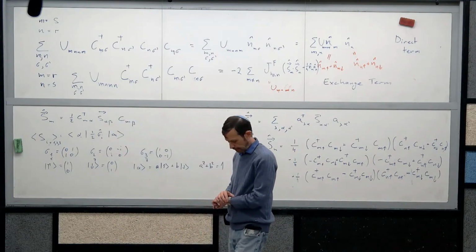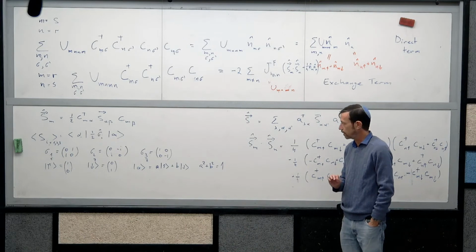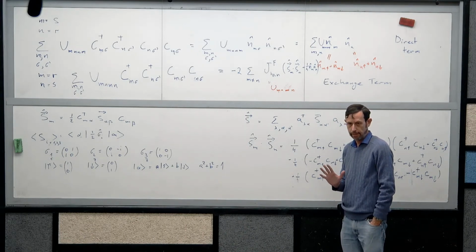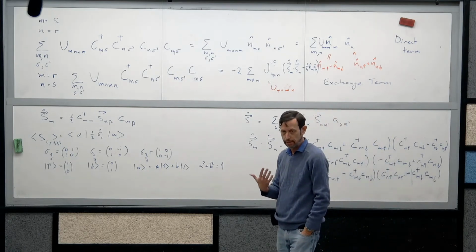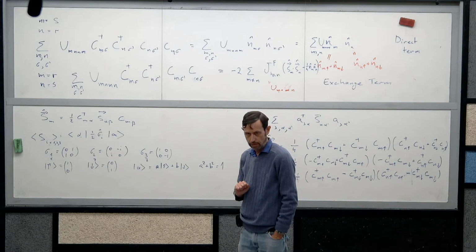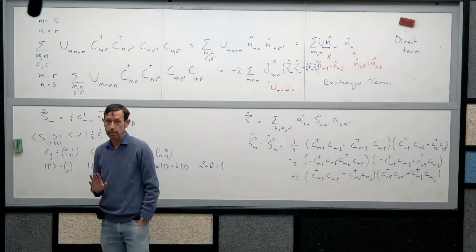I'll give you a very transparent and simple explanation of why you can get magnetic behavior out of these terms. And for that, you need only two sites.